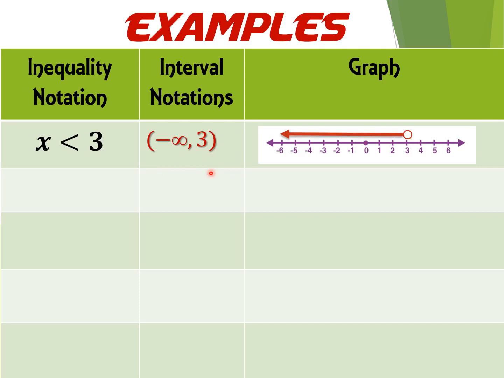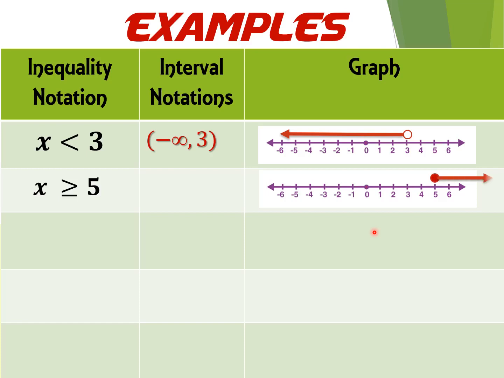Let's have another example. Let's have x is greater than or equal to 5. Again, if we're going to list the elements of the numbers greater than or equal to 5, you will have 5, 6, 7, 8, and so on and so forth. Graphing it, you will have a closed circle at 5, and the arrow will be pointing to the right. So, those are the elements.